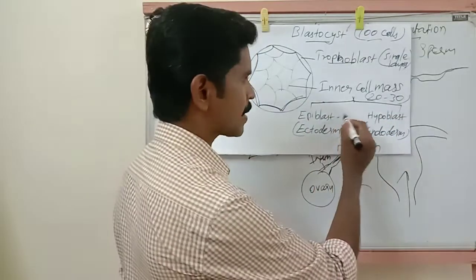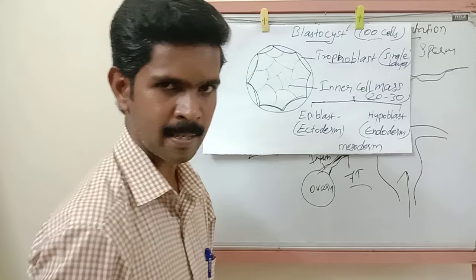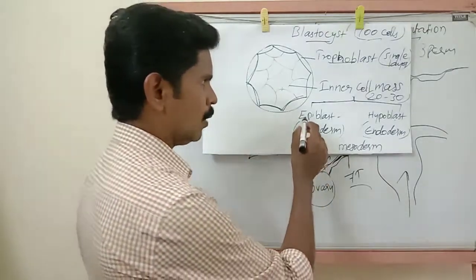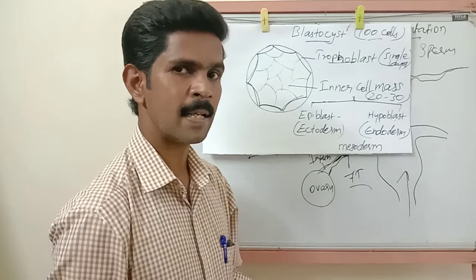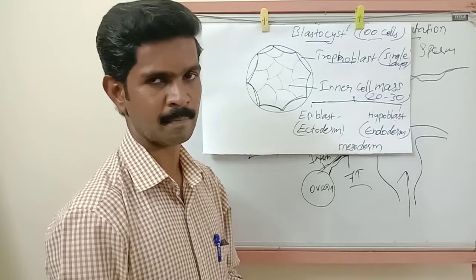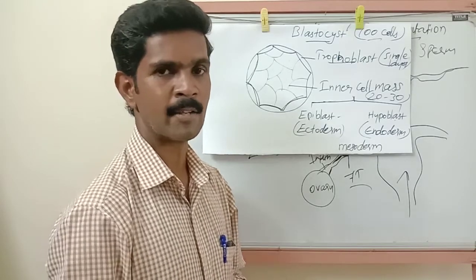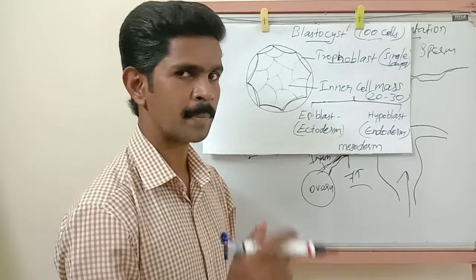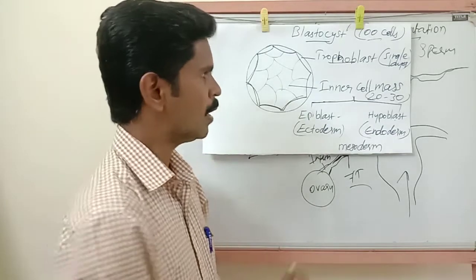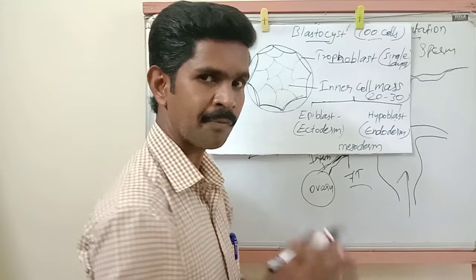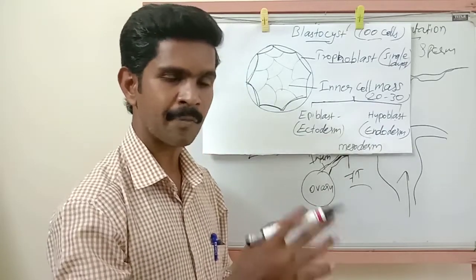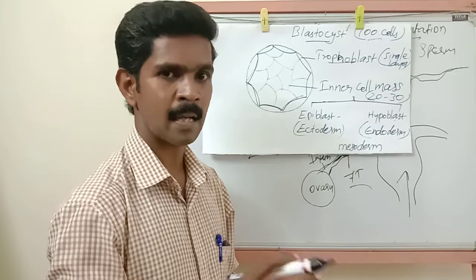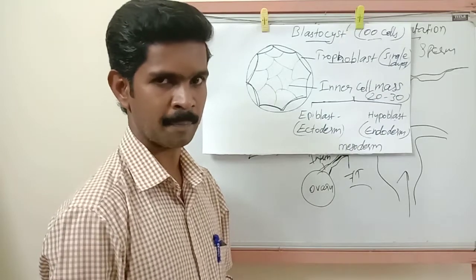One is epiblast and the second one is called hypoblast. From this inner cell mass only, the three germ layers are developed first. Germ layers, you studied in 11th standard: ectoderm, endoderm and mesoderm. These three are the germ layers. Then after that, from the germ layers, all the organs are developed.